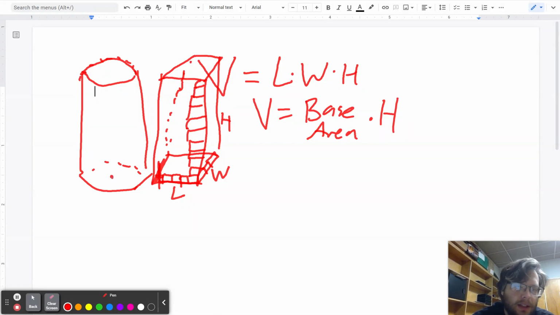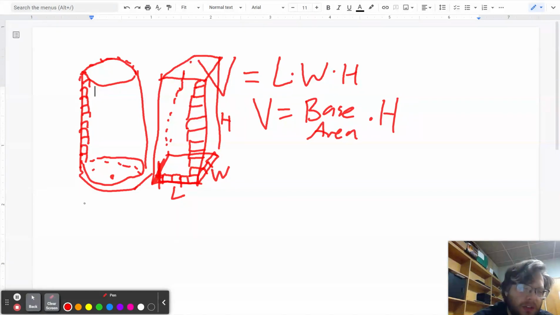And so if you look back at the cylinder, what we need to think about is how many boxes would it take to make a single layer on the bottom, and then we can just multiply that by H and just keep stacking boxes up just like we did with the prism. Okay, so it's the same sort of idea. So the volume of a cylinder, then, all we need to figure out is the base area.